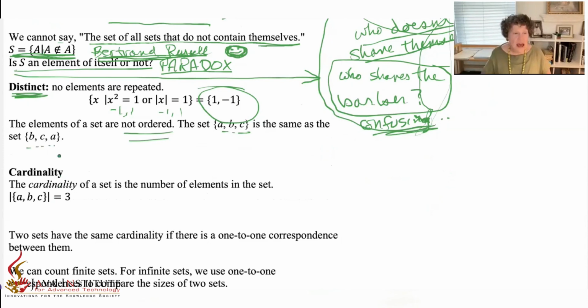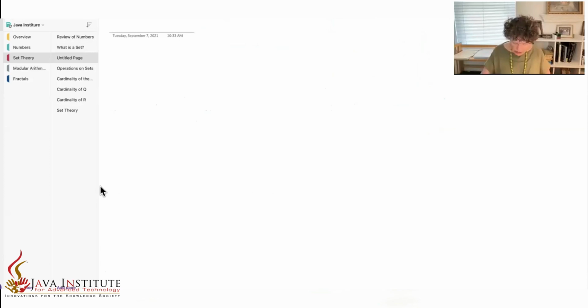Okay, now what I want to do is I want to ask you some things. I want you to tell me, and I'm going to write a few sets out before I talk about the answers. So x is a real number, and x squared is 4.